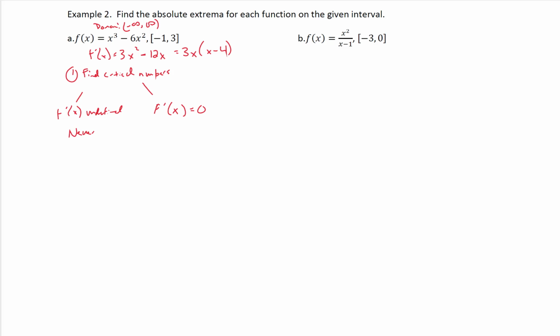Well, f prime of x we just said is 3x times x minus 4. Set that equal to 0, so 3x equals 0, so x equals 0. x minus 4 equals 0, so x equals 4. So our two critical numbers in this case are x equals 0 and x equals 4.